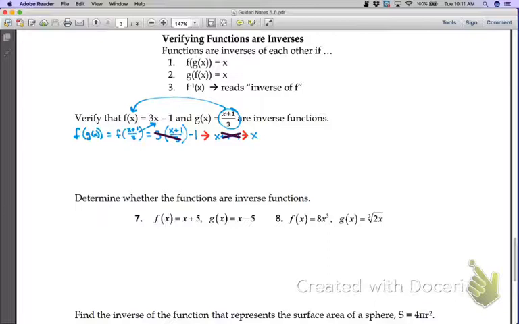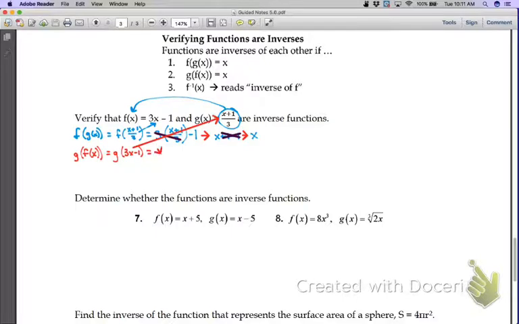Now I have to go in the reverse order and do g of f of x. If both of them end up with an x, then they are inverses of one another. So here all I have to do is a composite of g of f of x. If I go g of 3x minus 1, then that means the 3x minus 1 is going to go right up here, where there's that x.